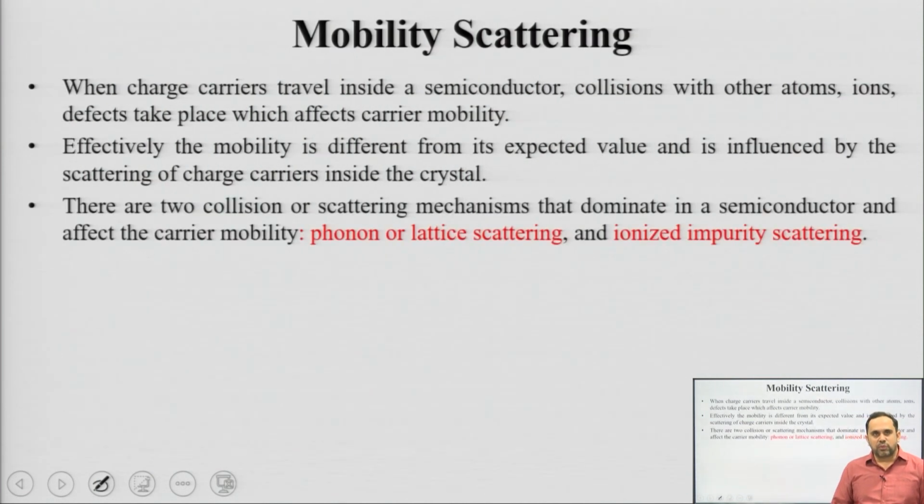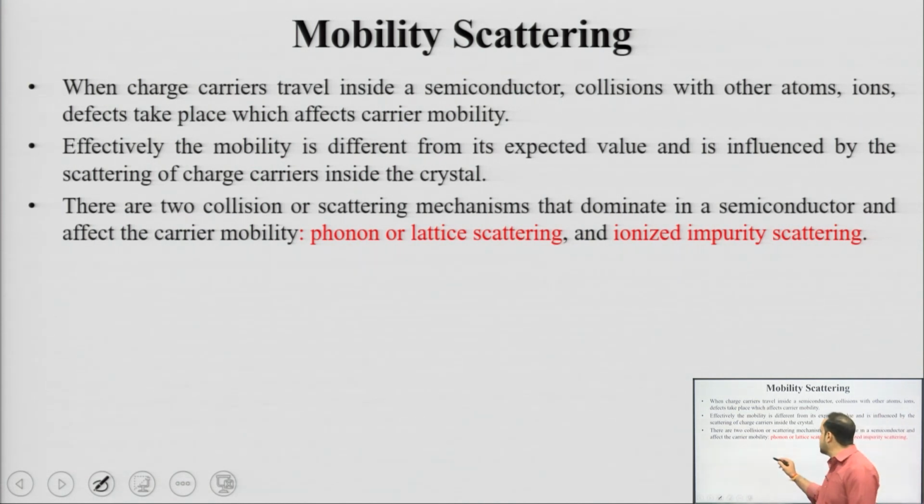Now, the movement of charge carriers, whether electrons or holes, is not that straightforward. Even if you have applied an external electric field, these charge carriers are going to undergo certain collisions. This affects the pace with which they move inside the crystal, which means that the mobility is affected by these collisions. Effectively, the mobility is different from the expected value and is influenced by the scattering of charge carriers.